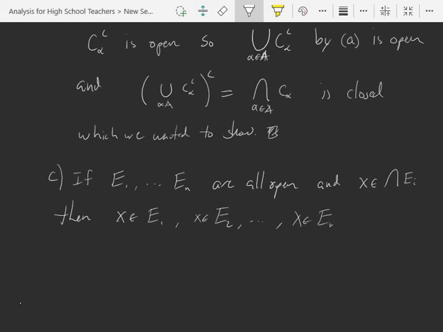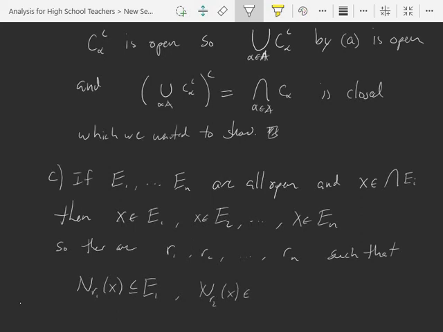X is in E sub n. So there are radius 1, radius 2, radius n, such that the neighborhood of radius 1 about X is contained in E sub 1. The neighborhood of radius 2 about X is contained in E sub 2, and so on. The neighborhood of radius n around X is contained in E sub n.